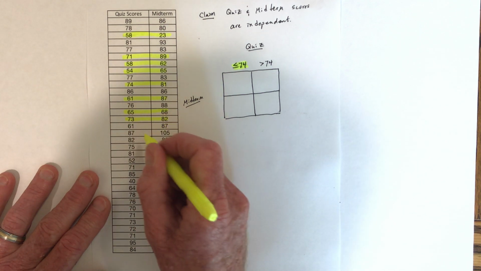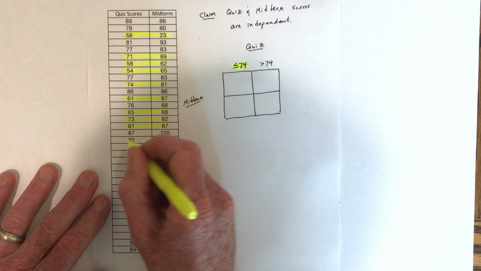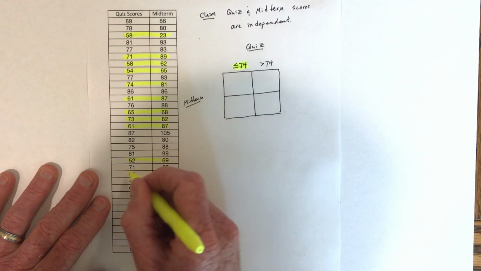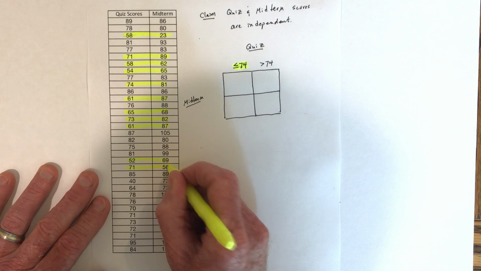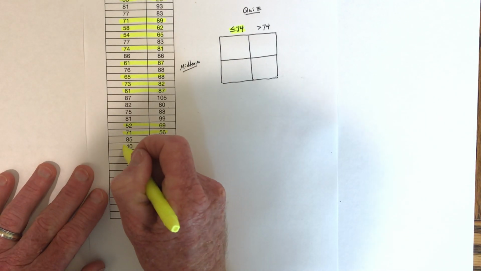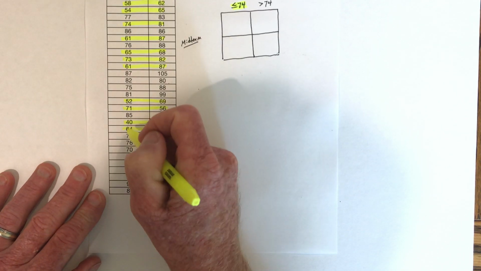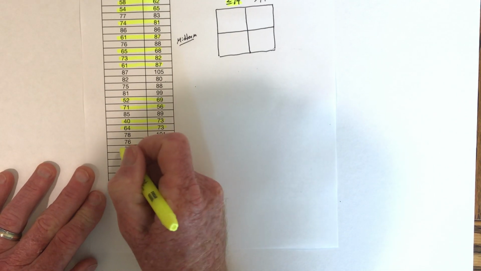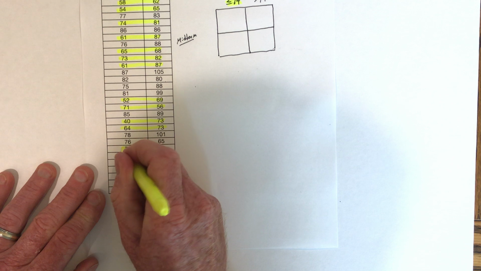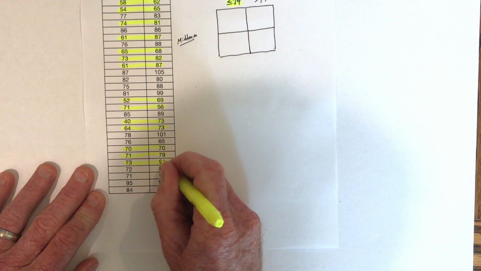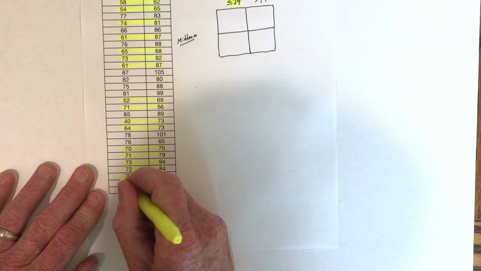So less than or equal to 74. And this one. And this one. Okay, almost there.